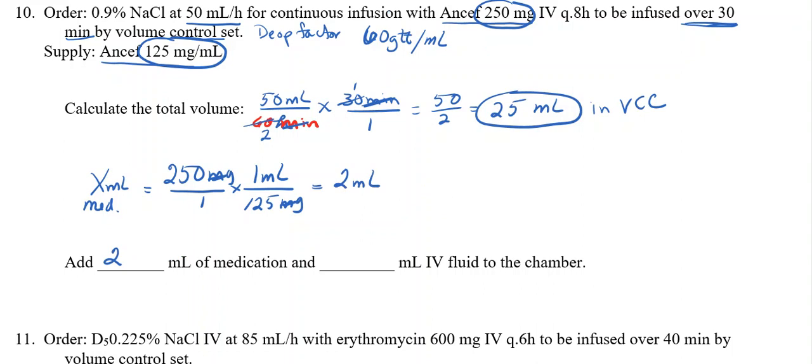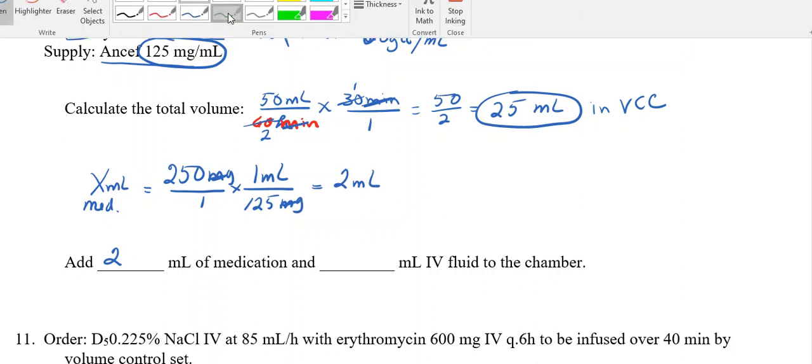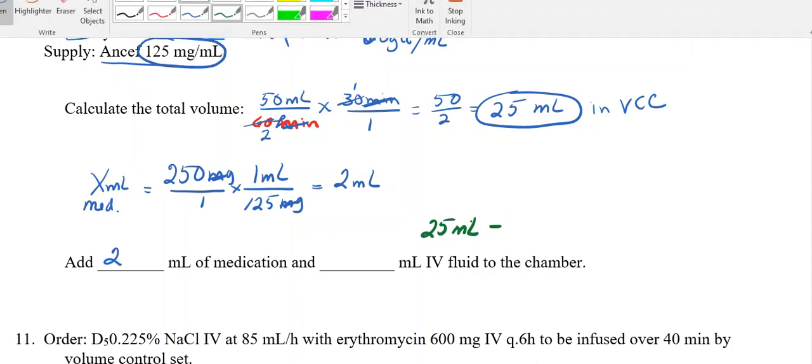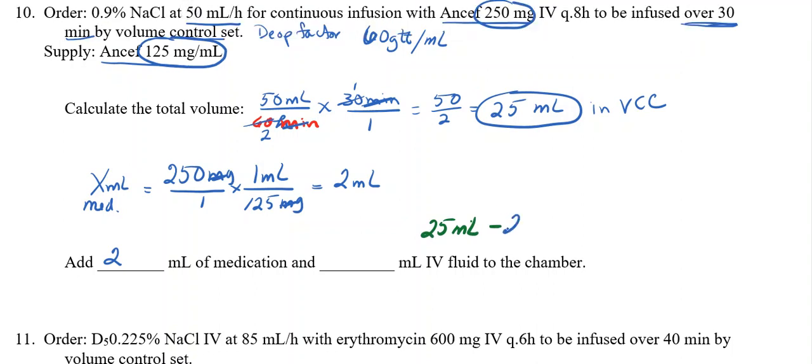And now again, I want to know how many milliliters of IV solution is going to go in that. I know I've got a total of 25 milliliters, or maximum. So I'm going to subtract my medication, which is 2 milliliters, and then that will give me 23 milliliters of the IV solution.